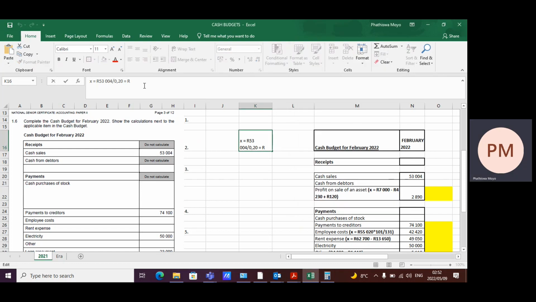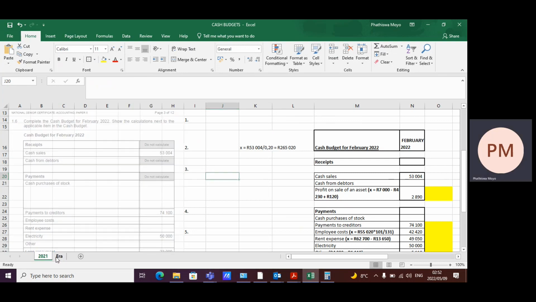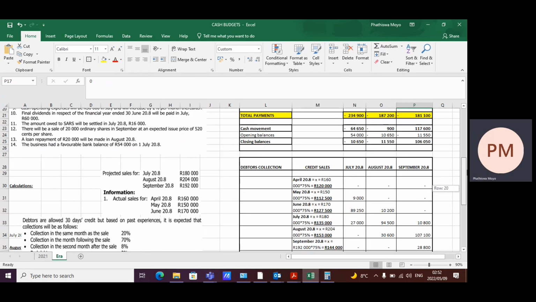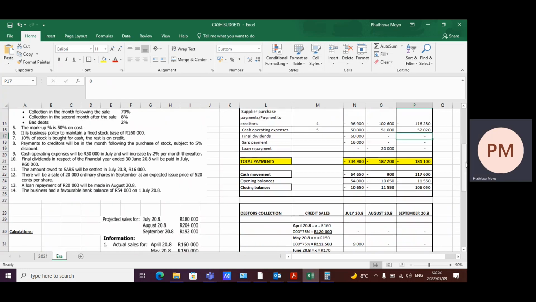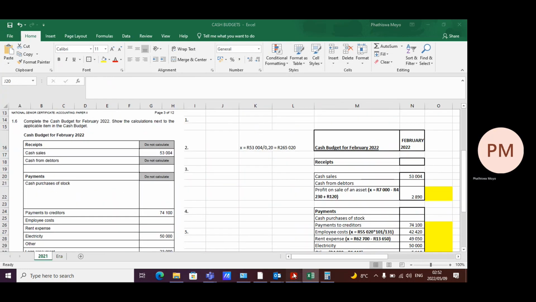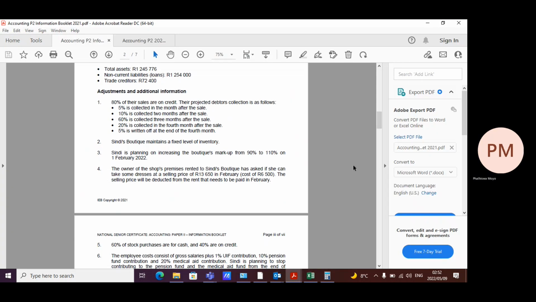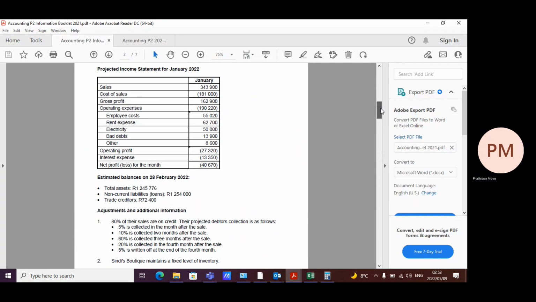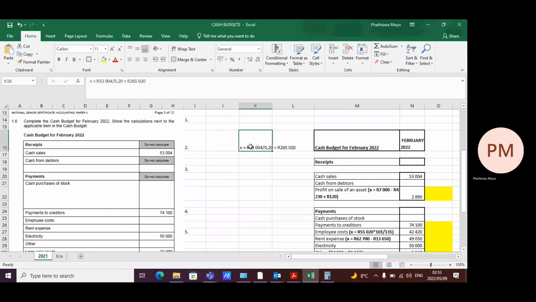It's 265. So these are the total sales. These are the total sales.